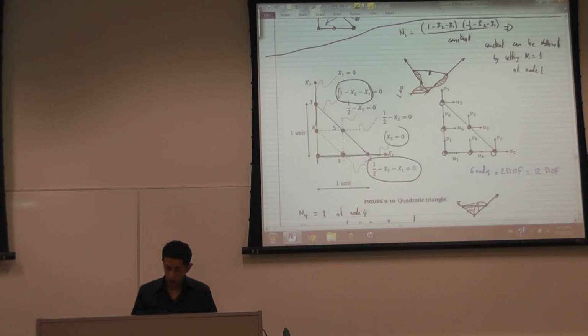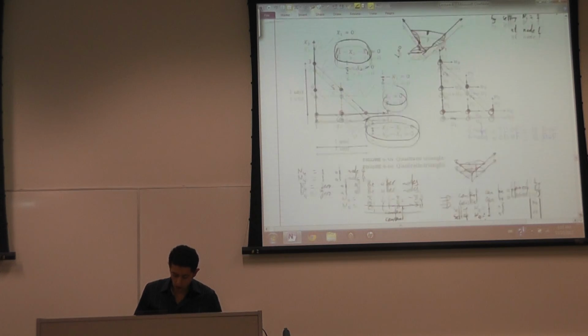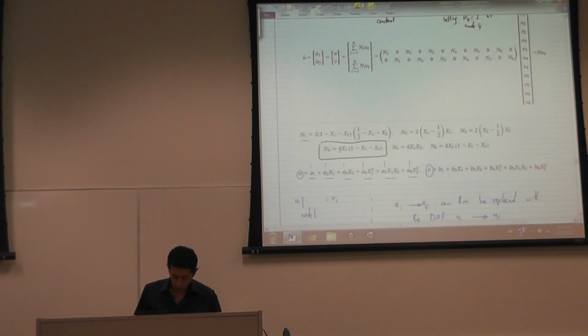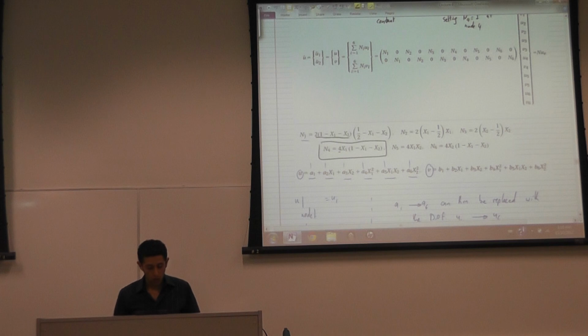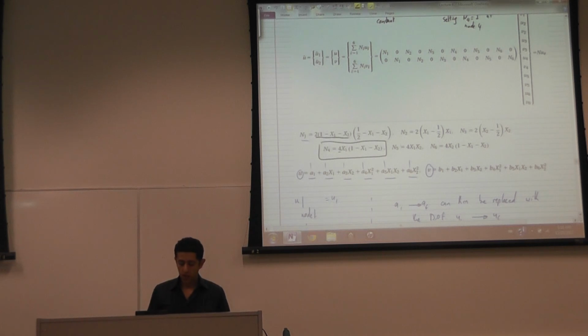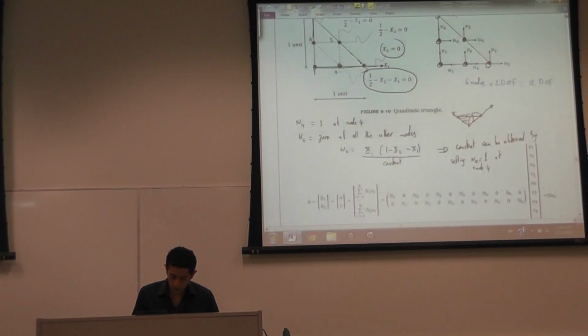So you end up with n1, which has the following form: n1 is equal to 2 (1 minus x1 minus x2), multiplied by (half minus x1 minus x2). And the rest can be obtained the same way.